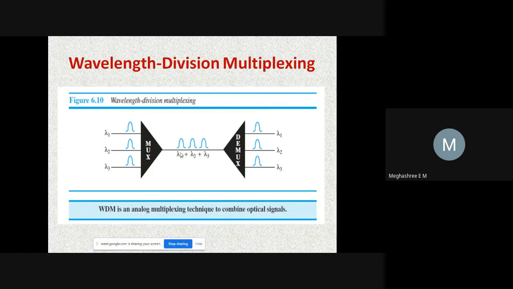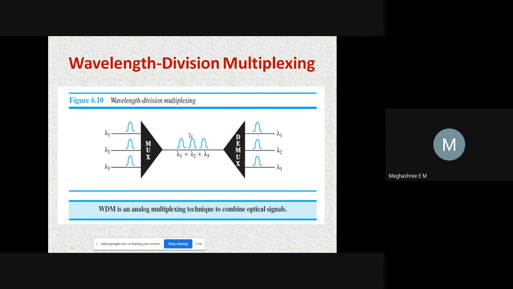So what does it mean? If you use fiber optic cable as the transmission link, then its data rate is higher when compared to other metallic transmission cable. So wavelength division multiplexing is specifically used for fiber optic cable.